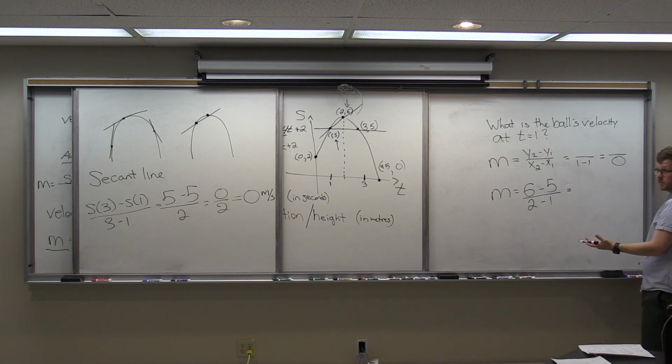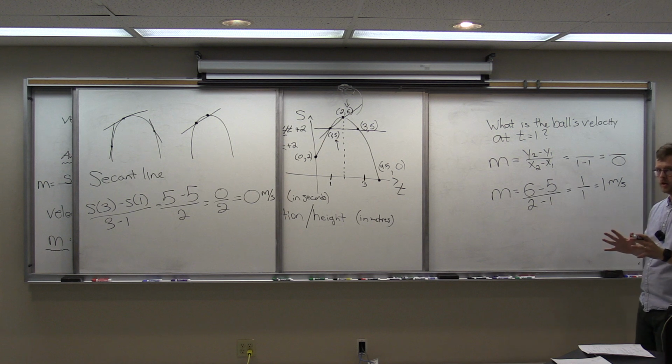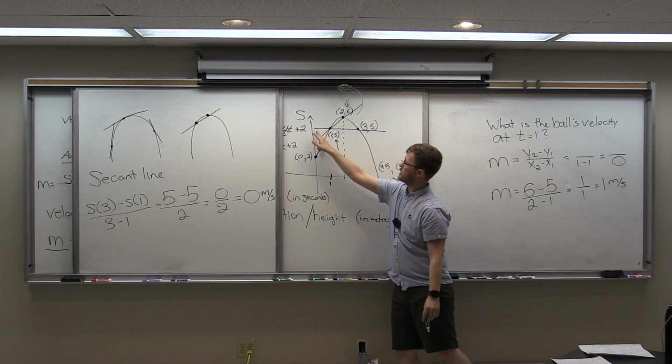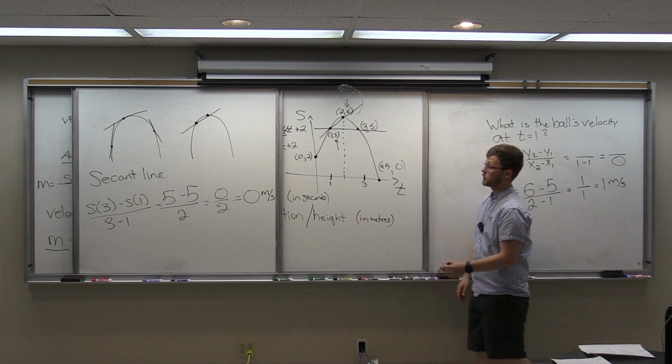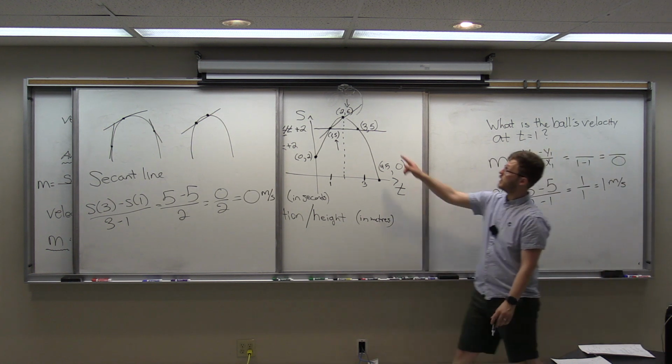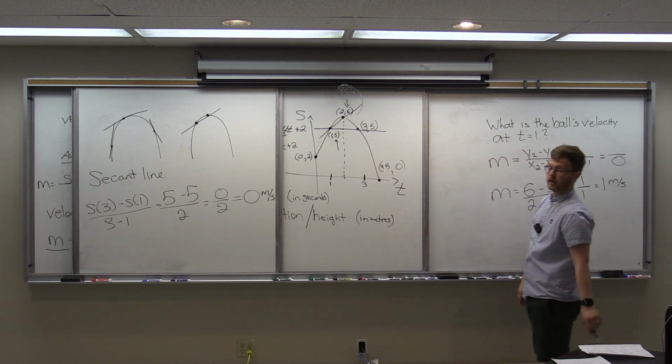I'm now getting, at least not division by 0, I'm getting 1 divided by 1. 1 meter per second. This is odd. I calculated the average velocity for this secant line and I got 0 meters per second. Now I calculate the average velocity for this line and I get 1 meter per second.